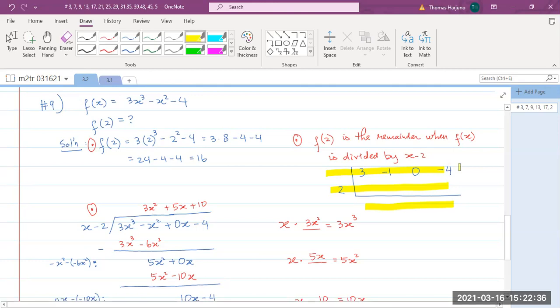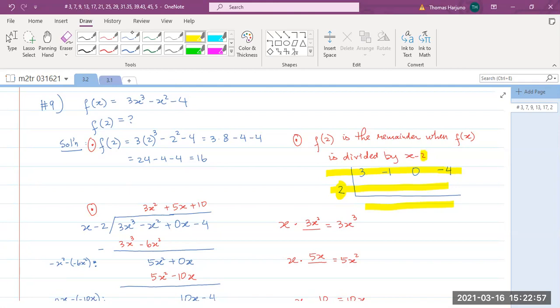That's the first row. Then we divide by x minus 2, so I put 2 here. Whatever you divide by, x minus c, you put the c here. You can say that's the opposite of negative 2, so you put 2.